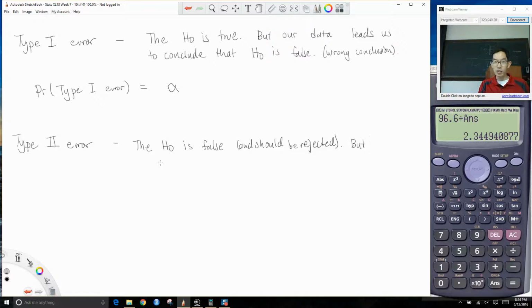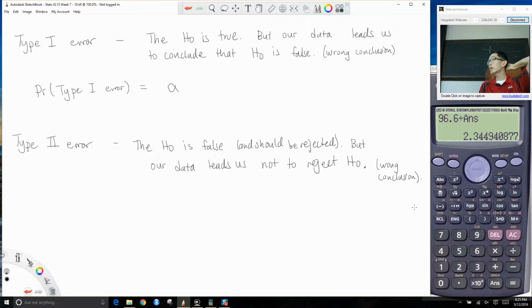Our data leads us not to reject the null hypothesis, or we don't have enough data to reject it. So again, this is also the wrong conclusion, and that's a type 2 error.